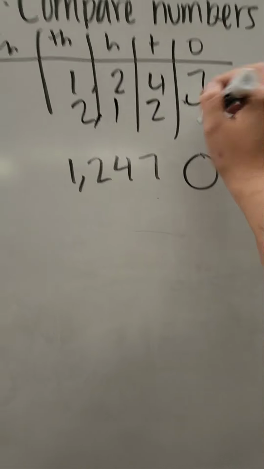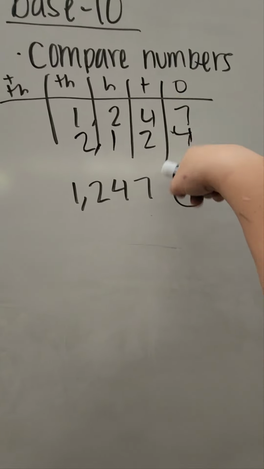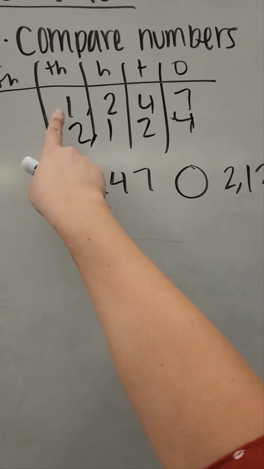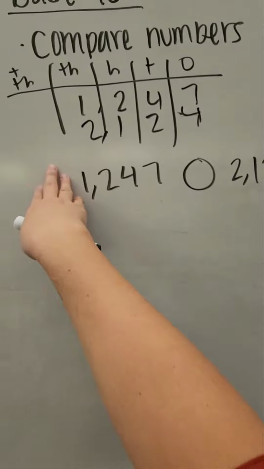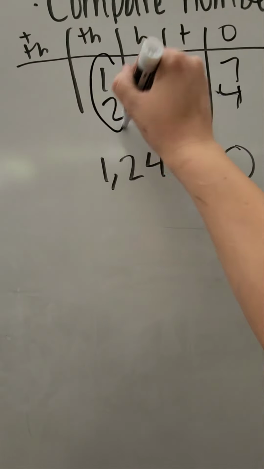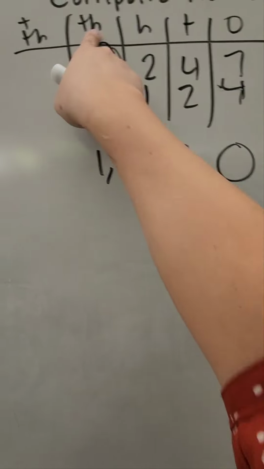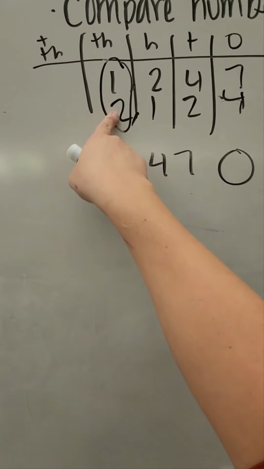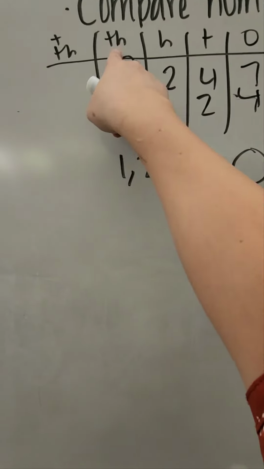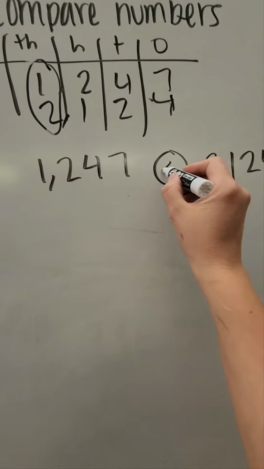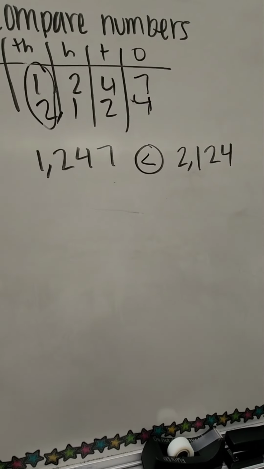And then you start. Usually, when we add, we start in the ones place, but when we compare, we're going to start in the greatest place value first, which is over here. So if you look, 2,000 is greater than 1,000.